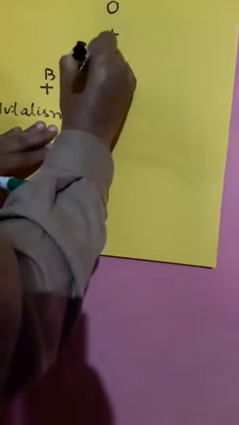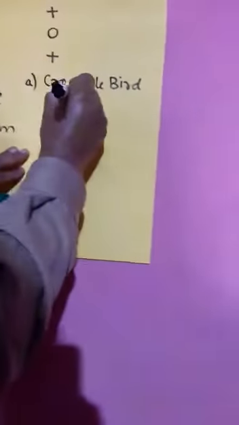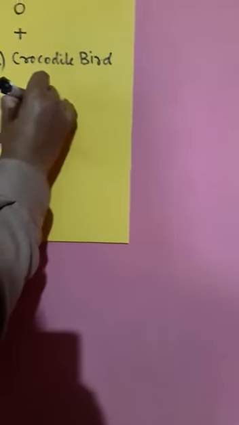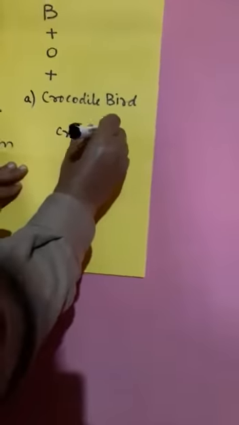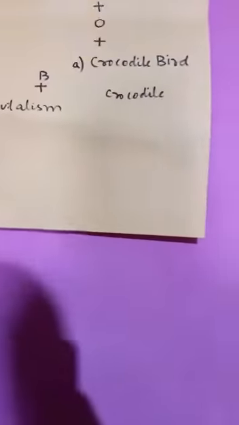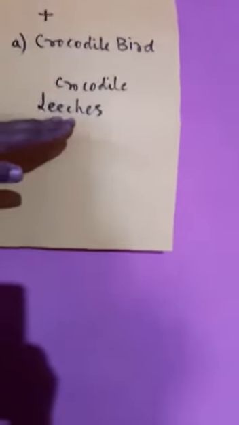For example, I will give an example of proto-cooperation. We have a very good example. There is a bird called the crocodile bird, and the other partner in this relationship is the crocodile. In the crocodile's mouth, we see that it is being attacked by parasites, leeches.